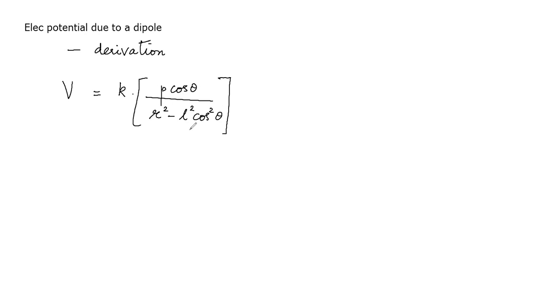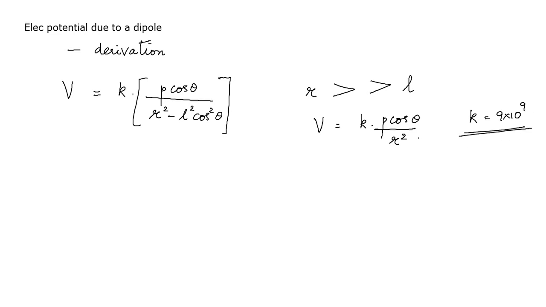This is the potential at any point due to a dipole where it is a considerably bigger dipole. Is that clear? Whereas if R, the point at which you are finding the distance, is much greater than half the length, that means it becomes a short dipole, then V becomes equal to K into P cos theta divided by R square, where K is equal to 9 into 10 power 9. I am not writing the unit. That doesn't mean that K does not have a unit. Is that clear?